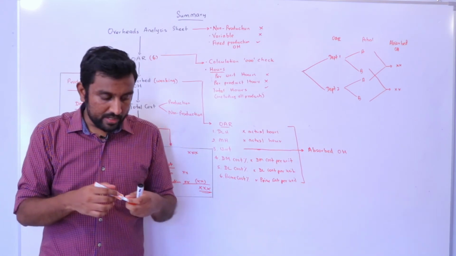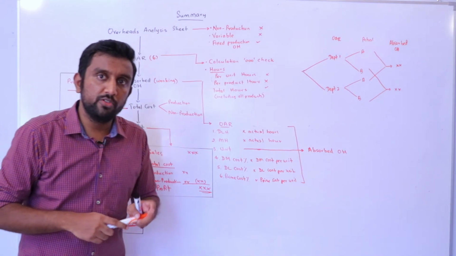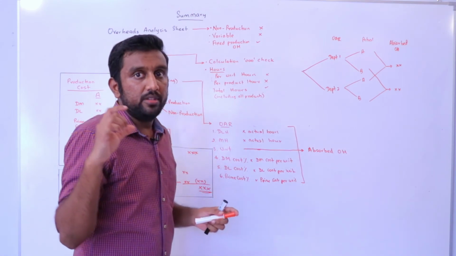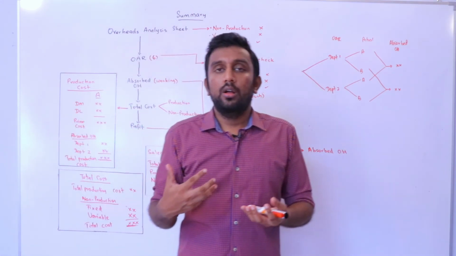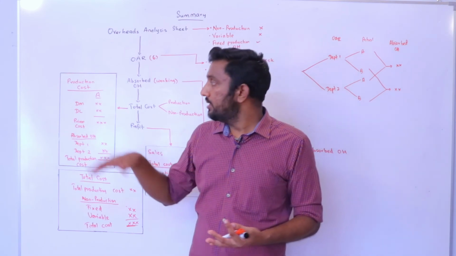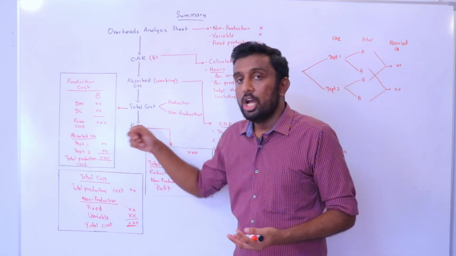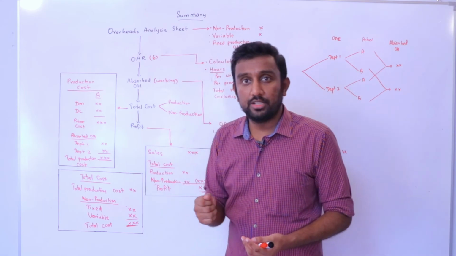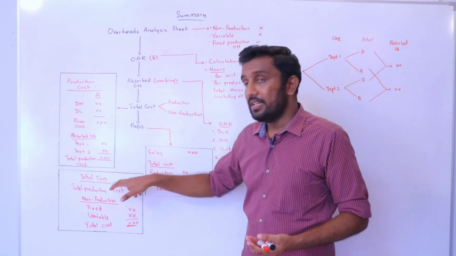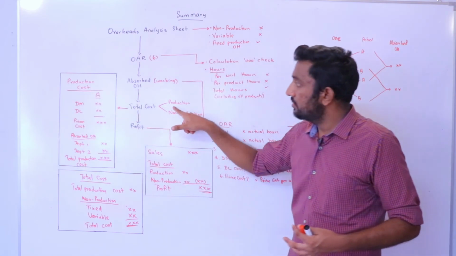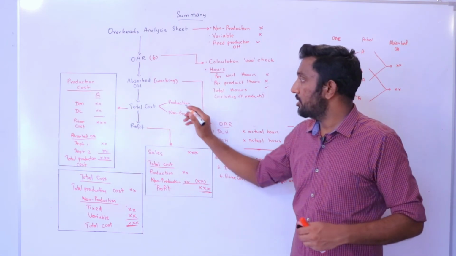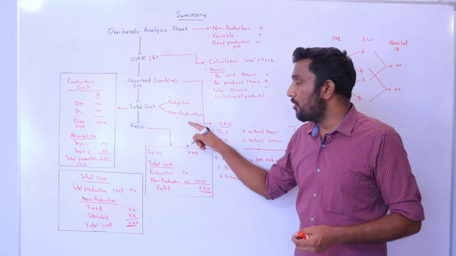Fine. So once we're done with the absorbed overheads, we have to find the total cost. For the total cost, they will give the direct material and direct labor. You have to add your findings, which is absorbed overheads, with the direct cost. Then you'll get the total production cost for a unit. That is fine. Then they can ask you total cost as well, because this one is about production. We have non-production as well.